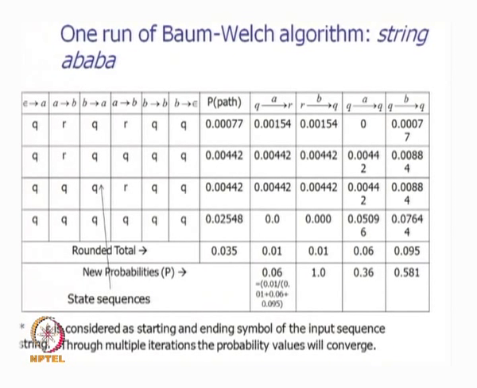You must have observed how the probability of the sequence gets recomputed from the new probabilities and these give rise to new expected counts. New expected counts give rise to new probabilities. So, what has been illustrated is just one iteration over one observation.